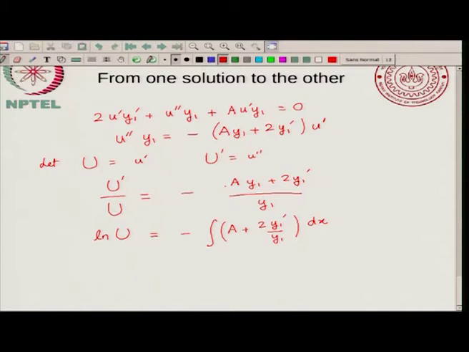But the point is that you know y1. So you can calculate y1 prime and you can do this integral, and you know a.